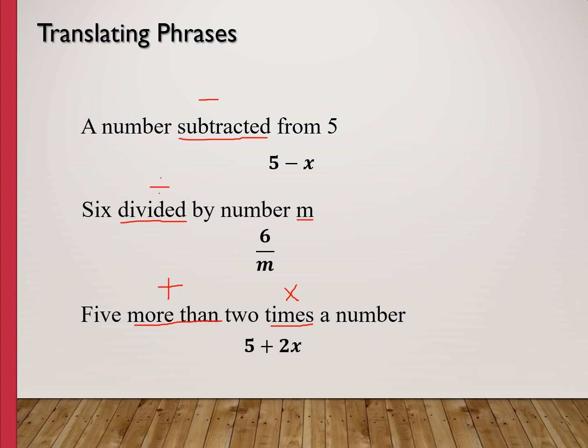Yung 5 daw, i-add daw natin sa 2 times a number. Since hindi natin alam yung number, walang given na number, you are going to have x. So, 2 times a number or 2 times x. Okay? So, 5 plus 2 times a number, or simply 2x.